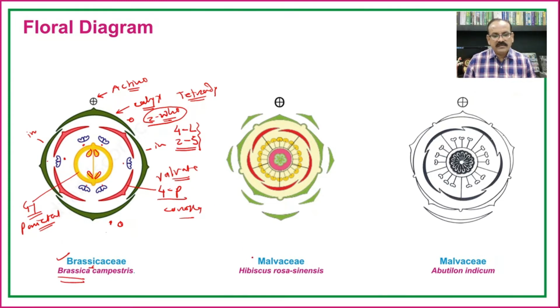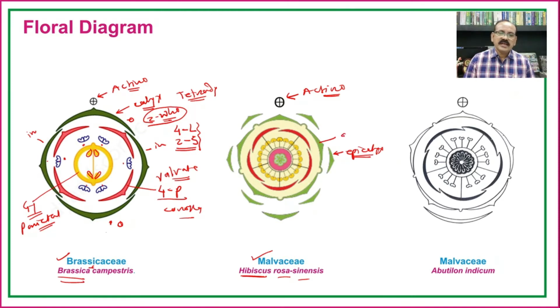In Malvaceae, a very common plant is Hibiscus rosa-sinensis, and in this the flowers are actinomorphic. The specific characteristic of this plant is the presence of epicalyx, which is an extra whorl in the flower outside the calyx.